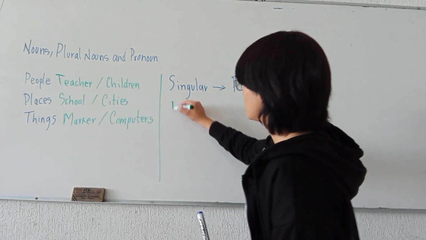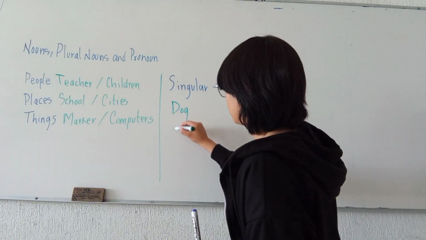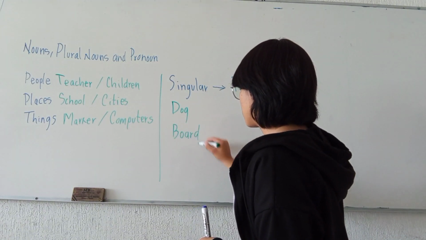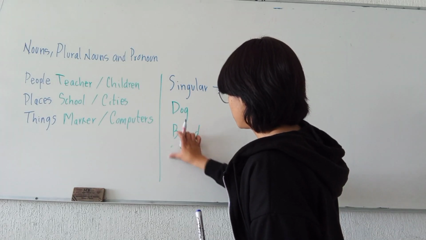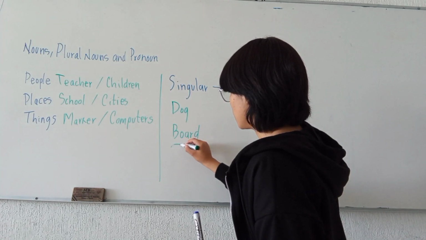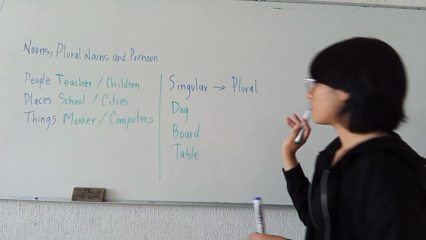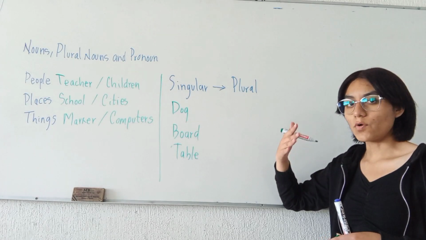For example, dog, board, cloth, table. But plural is for two or more things.